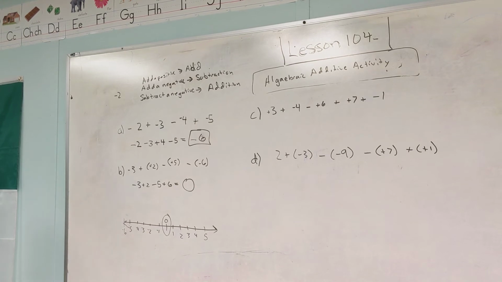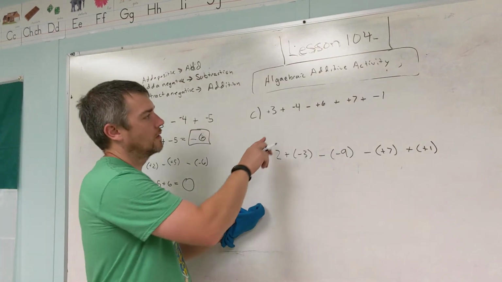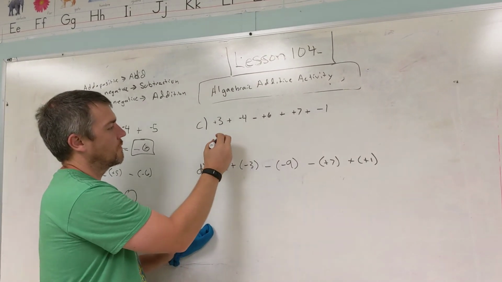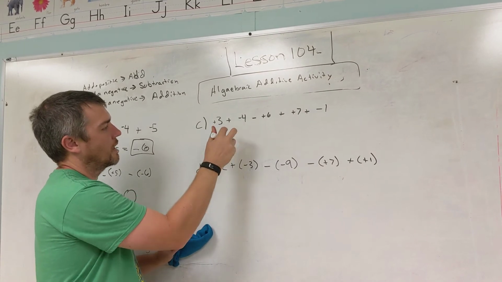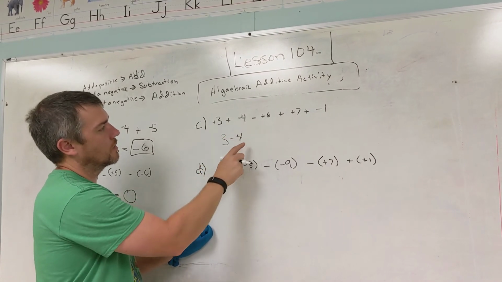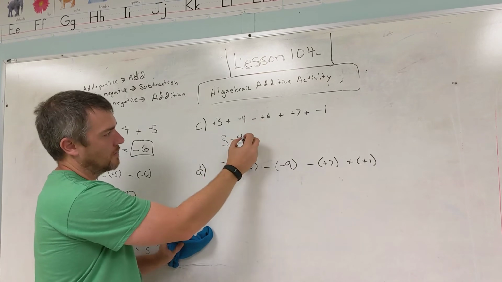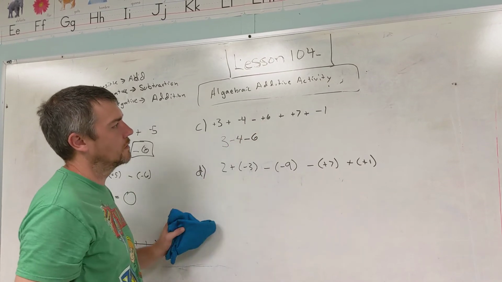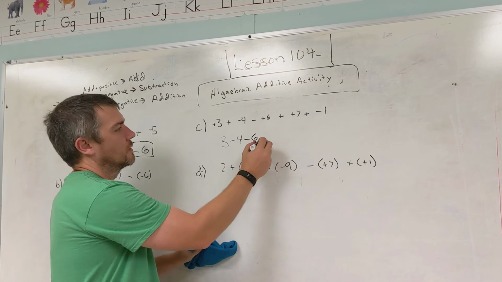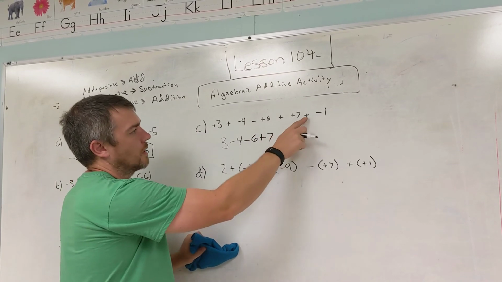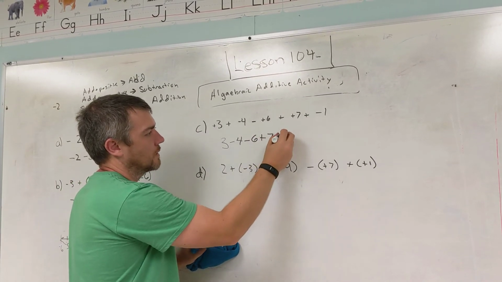Okay. Let's move on to C. We're going to simplify this one. So we start off with a 3. Adding a negative, so that's like subtracting, minus 4. Subtracting a positive, that just stays subtracting. Adding a positive, that's going to be adding. And then adding a negative, it's going to be subtracting.